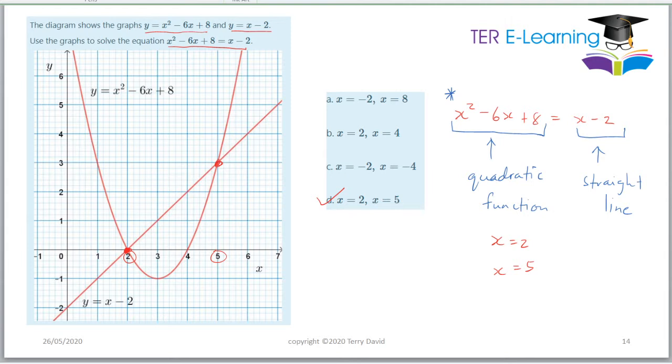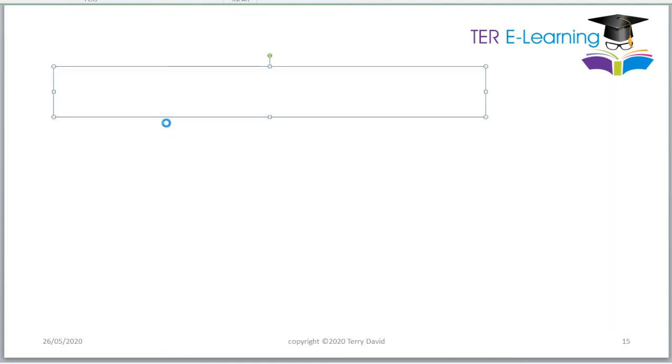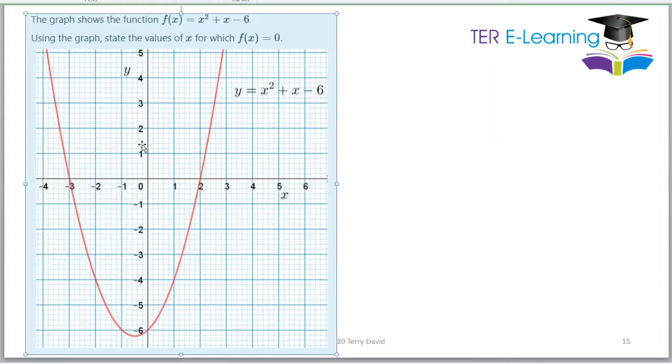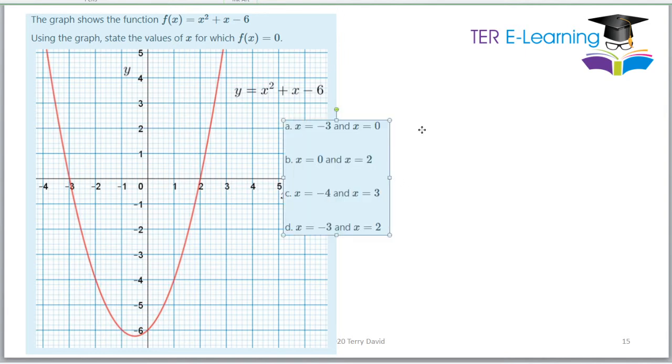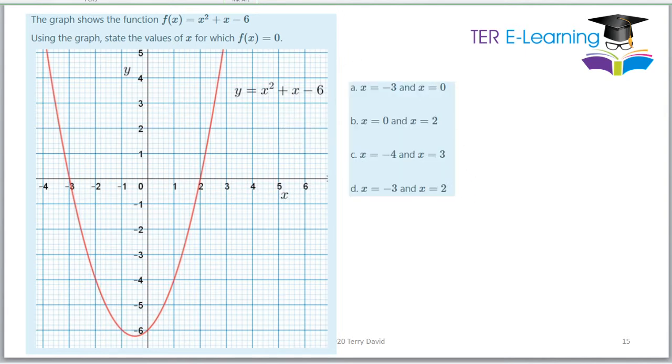So that was it, let me get the next question. Alright, so we have this one here. We have a quadratic, and we want to know the values of x for which f of x equals 0.